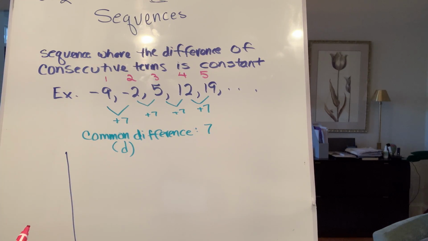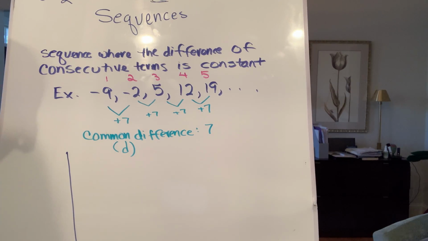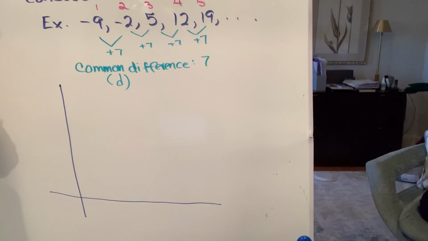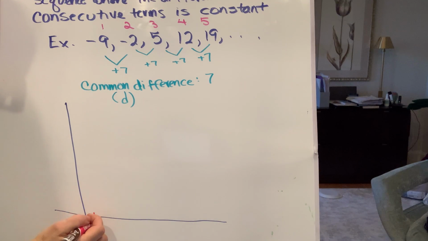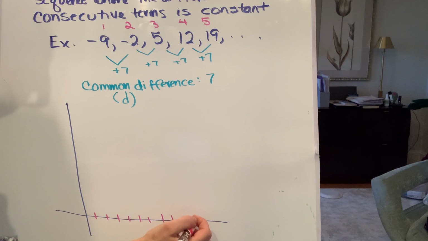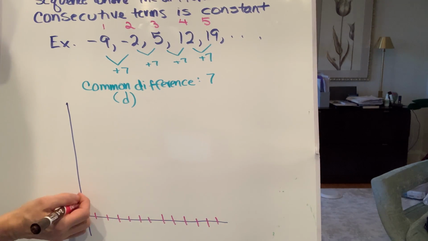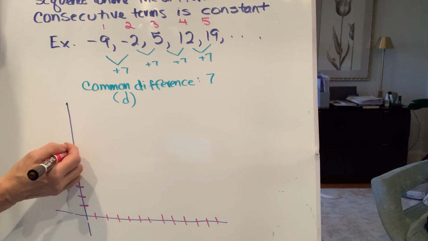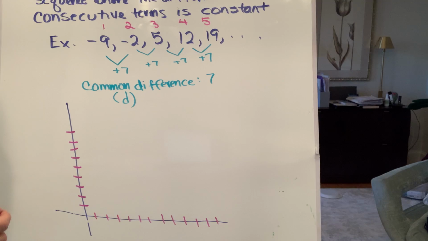So this has a constant slope. So if I were to plot these points in a scatter plot, I would get something that has a constant slope. Another way to think about this is that these dots lie in a line. Now they don't form a line because there's only 5 points, or an infinite number of points, but it's only points that I am graphing.